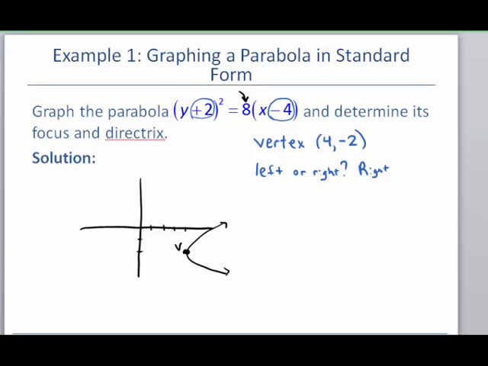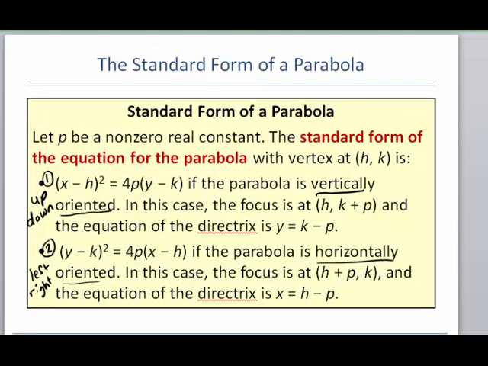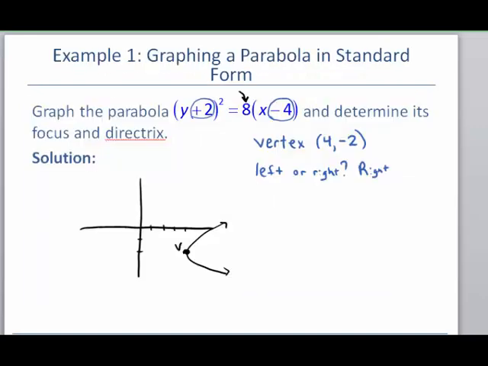Now, remember in our formula that we have this value sitting in front of the parenthesis in both cases that says 4p. So when I look at my problem, this 8 that we have here is the 4 times the p. And so I need to determine what the p was so that when I multiplied it by 4, I got 8. So 4 times what is going to simplify to 8?